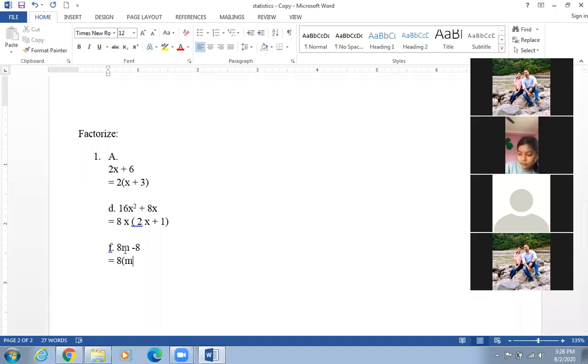So m will be there. Minus. Out of 8, 8 is already written. That means 8 divided by 8. How much is remaining? 0 is remaining or 1 is remaining? 1. Out of 8, 8 is written. That means 8 divided by 8. I told you just before also, taking common means it is divide. 8 divided by 8 is 1.